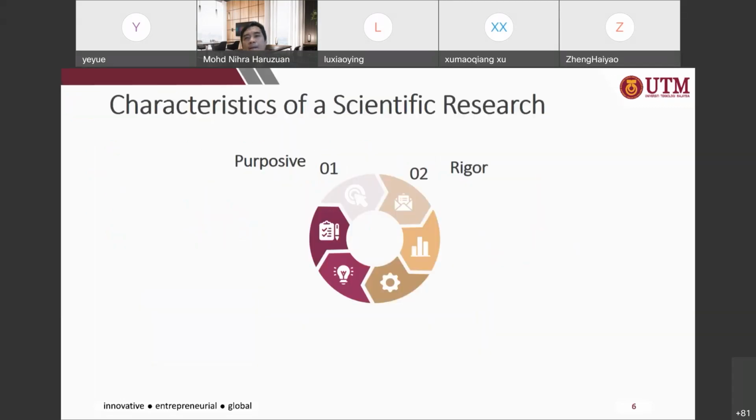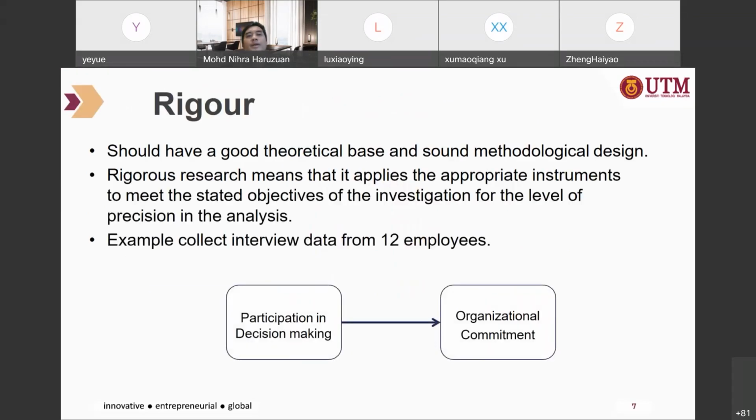Second, rigor. Scientific research must have rigor. What is rigor? Rigor means research should have a good or sound theoretical base and a sound methodological design. Without rigor, the research tends to have weaknesses.